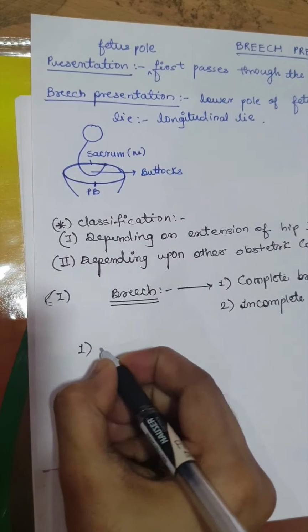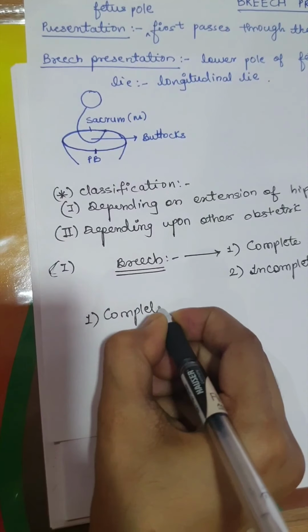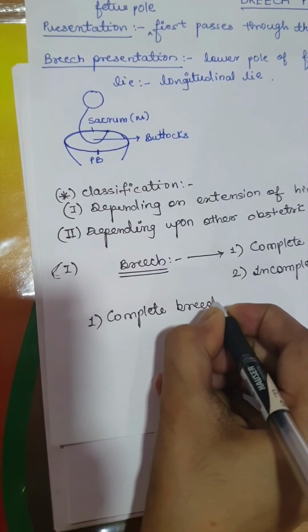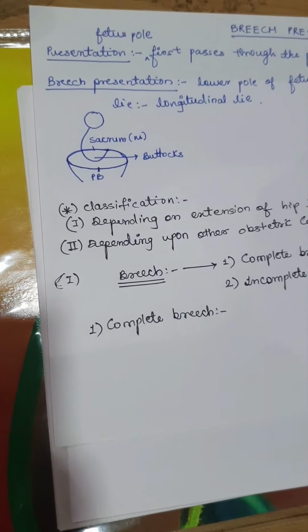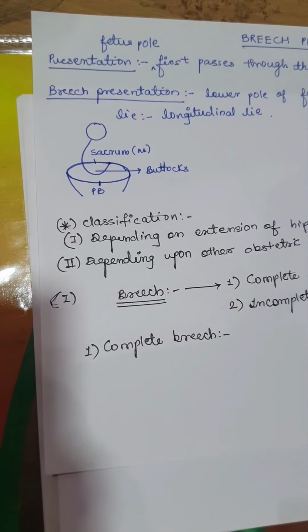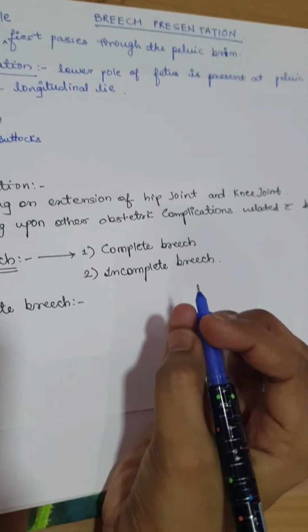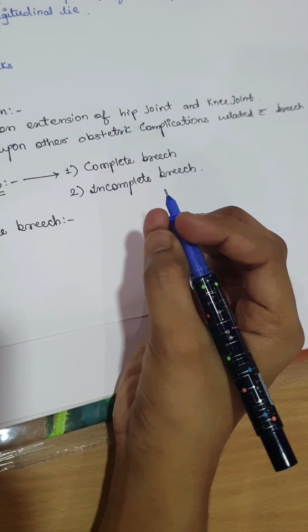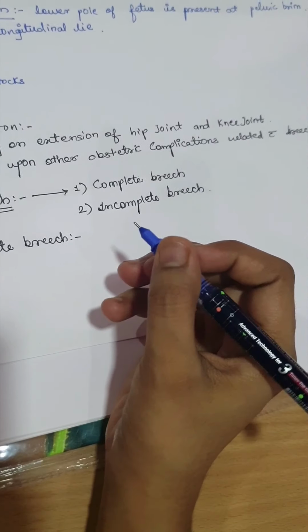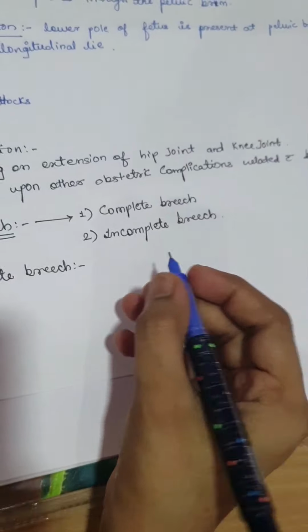Now first we will see complete breech. What is complete breech? Complete breech is where the normal attitude of the fetus is fully flexed.